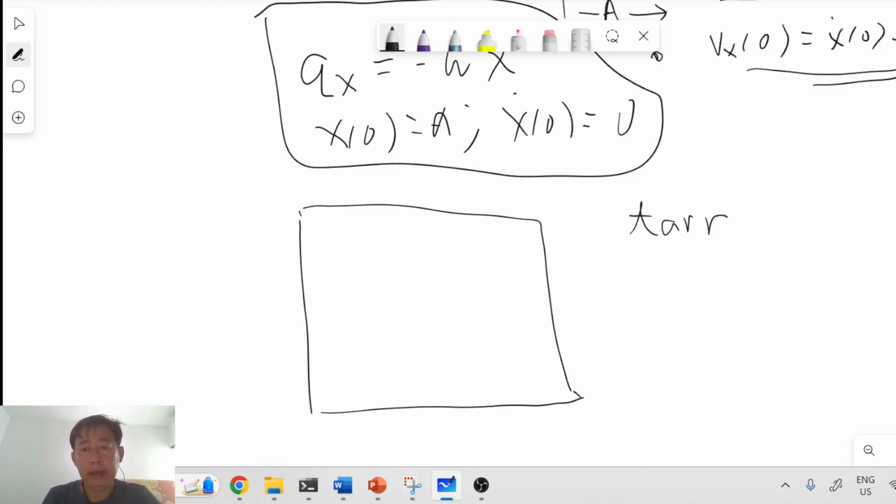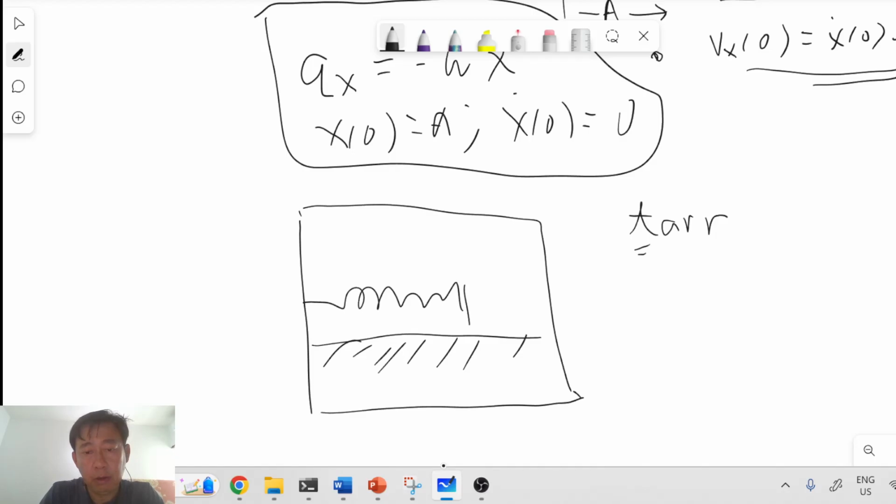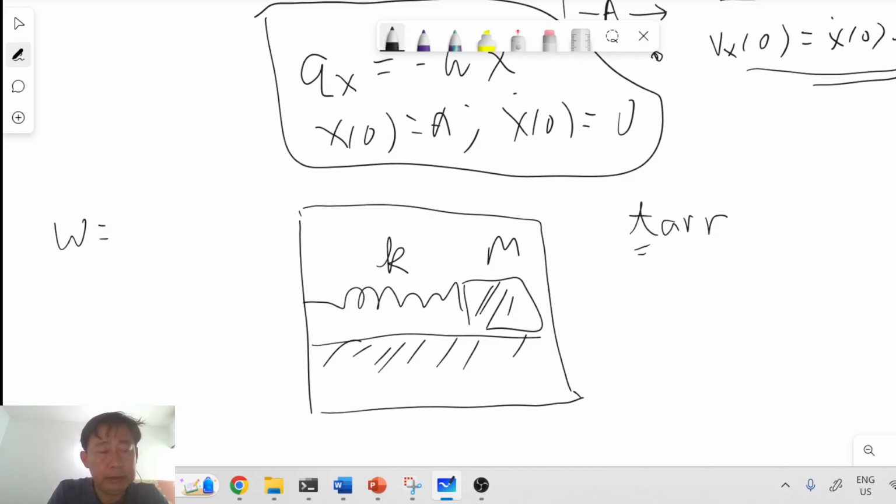If you understand the physics of the problem, it is known that the oscillator is executing simple harmonic motion based on the strength of k and the mass of m, and the angular frequency is determined by the square root of k over m.